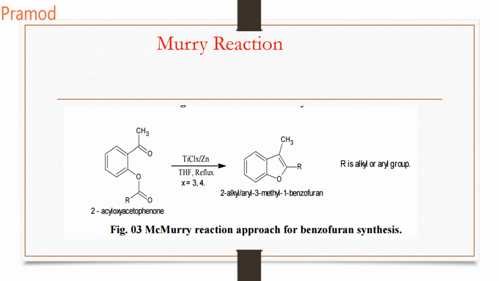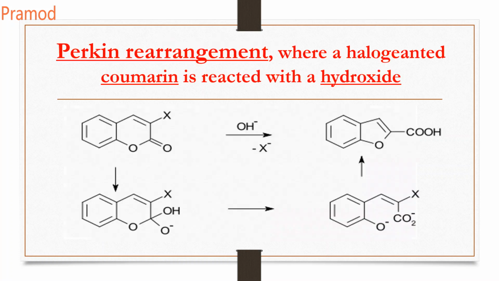What is acyloxy? O-C double bond O-CH3. You treat the 2-acyloxy acetophenone with titanium chloride and zinc in the presence of THF, and reflux it. It undergoes cyclization to give the substituted benzofuran. That is the McMurry reaction.